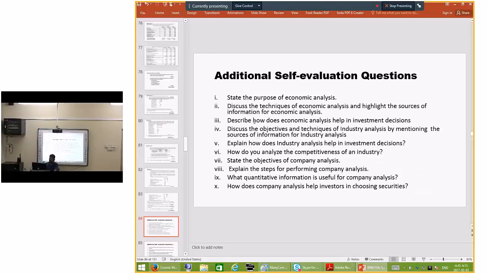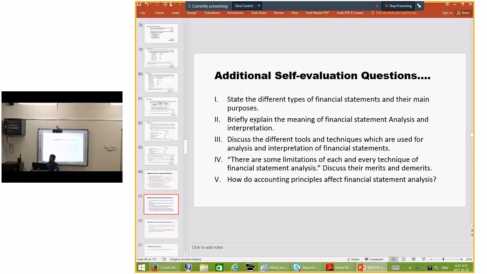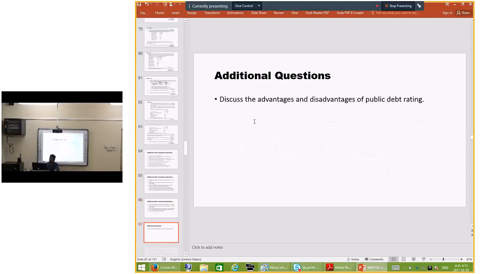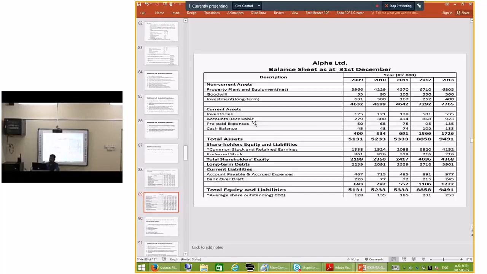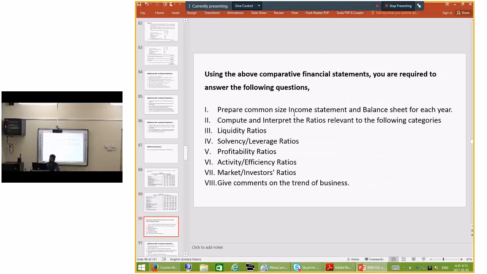Now further you can see a number of additional questions, right? Here additional questions and details. Here to calculate, you can practice. Yes, you can use this type of questions to provide answers.